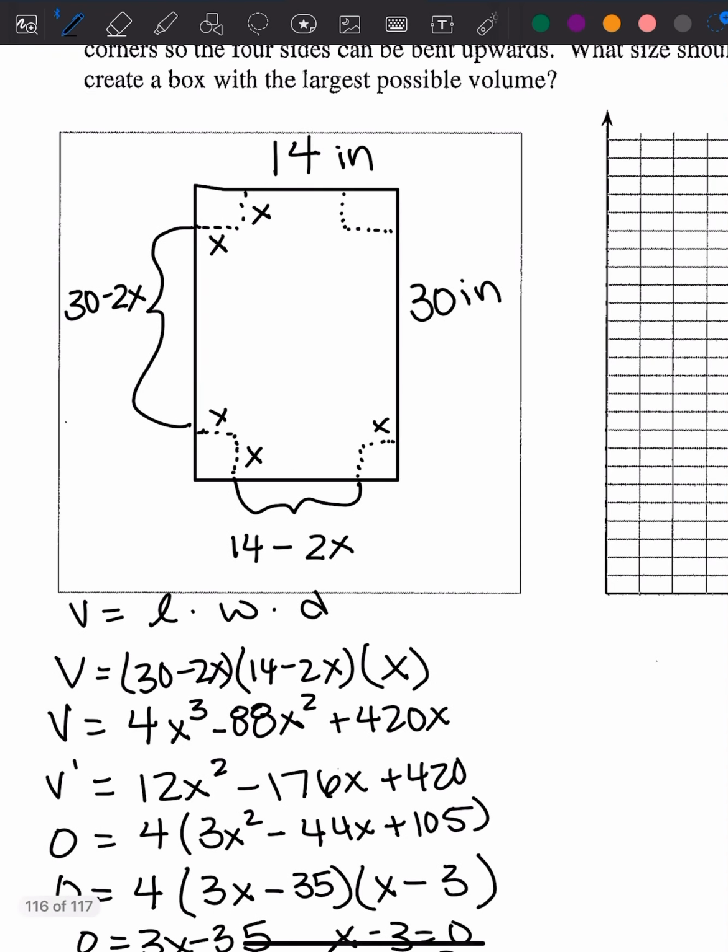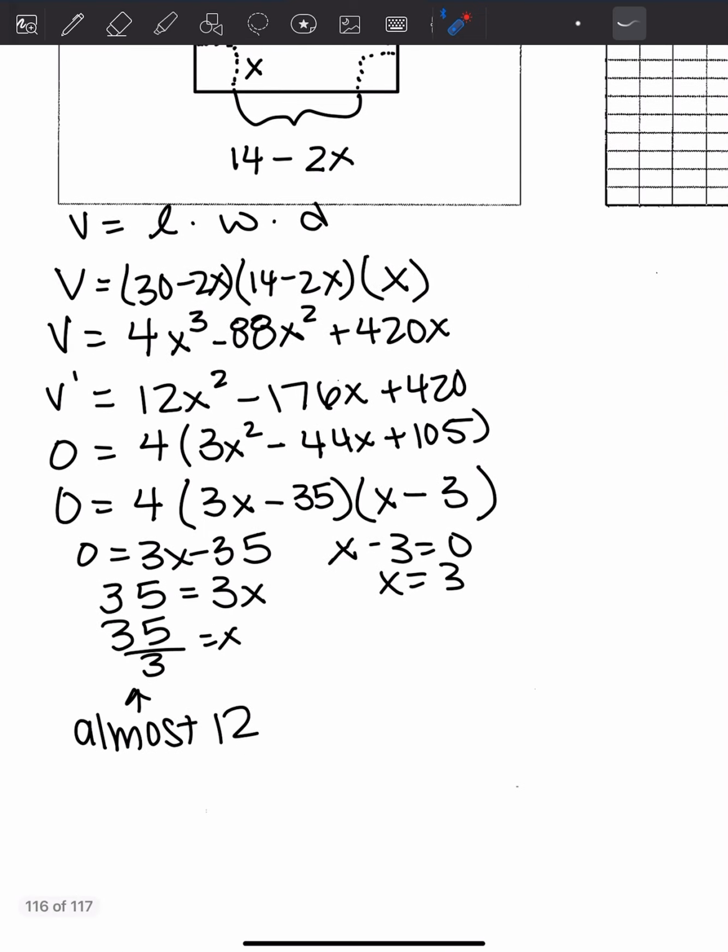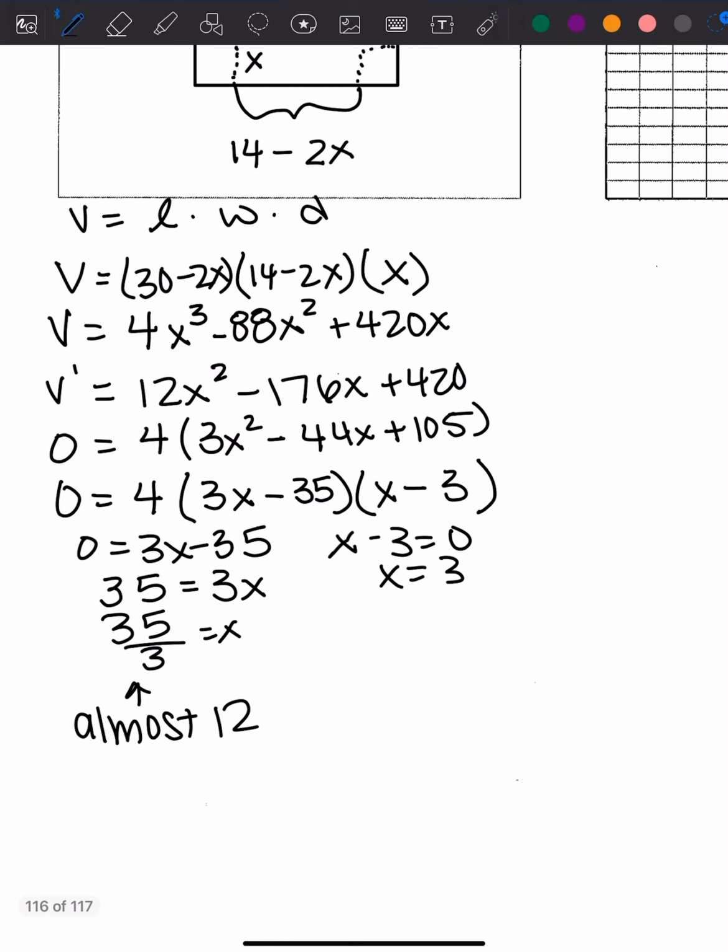If we look at our problem, if I took out 12 inches from this side, that would leave 2 inches on this side, but then I couldn't take 12 inches on that side, so we would be cutting off the entirety of the width here, which means we can't cut out squares. So we know that based off of our problem, this isn't going to work for our domain.